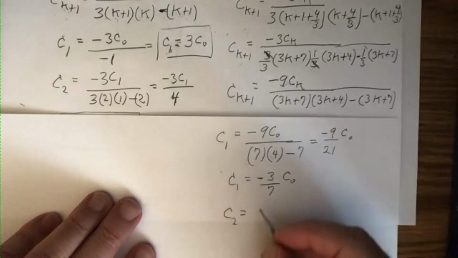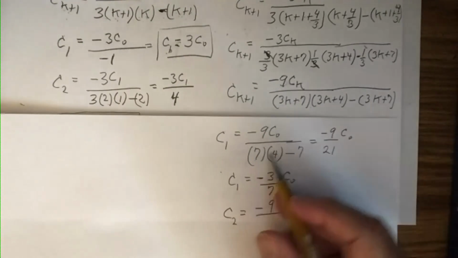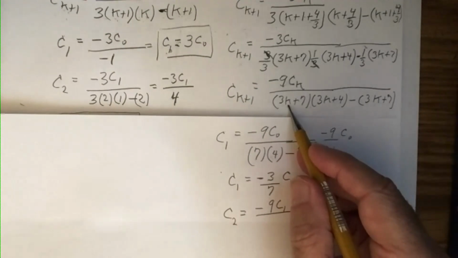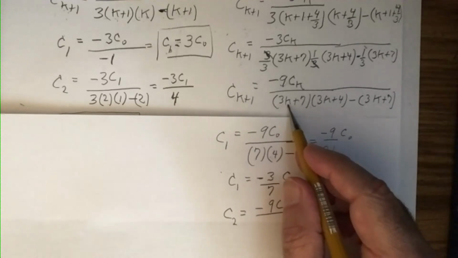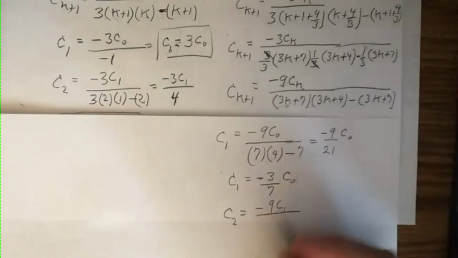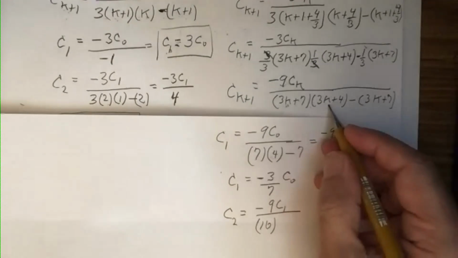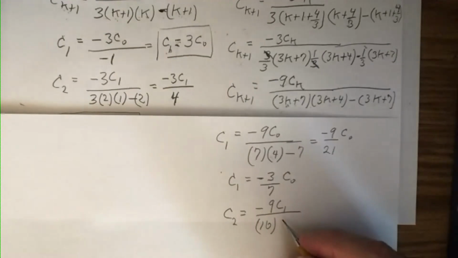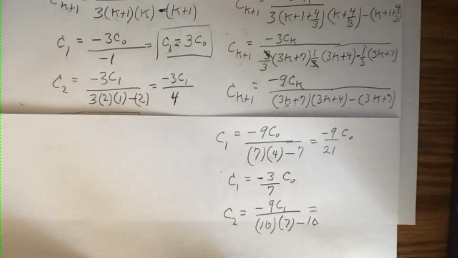C2 is going to be minus 9 C1. Now I have to put in a 1 for this, so K is equal to 1. This is going to be 10, 3 plus 7 is 10. And then this is going to be 7, minus, and then this is going to be 10. So what do we get here?